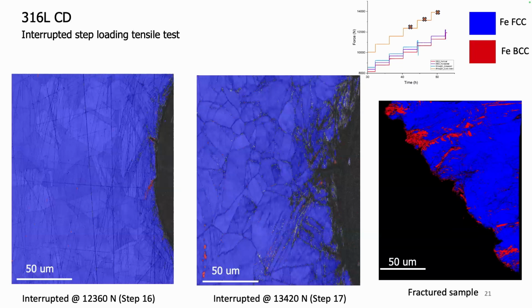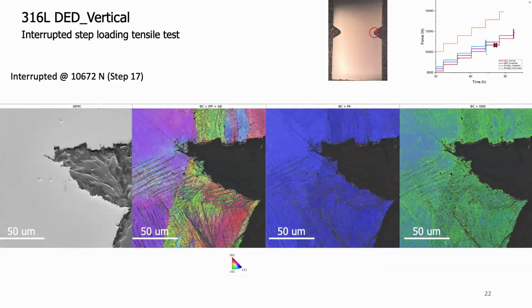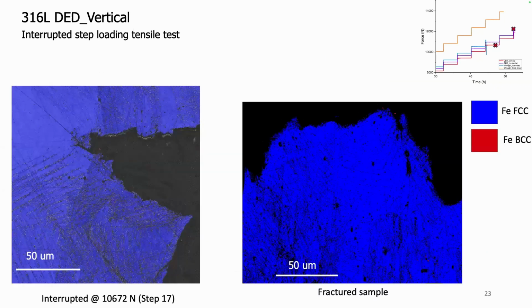That was cauldron. What happened with the 3D printed, the additive manufactured ones? This is the vertical one. We see secondary cracking, but we don't see any formation of martensite. And even at fracture, we don't see any formation of martensite.